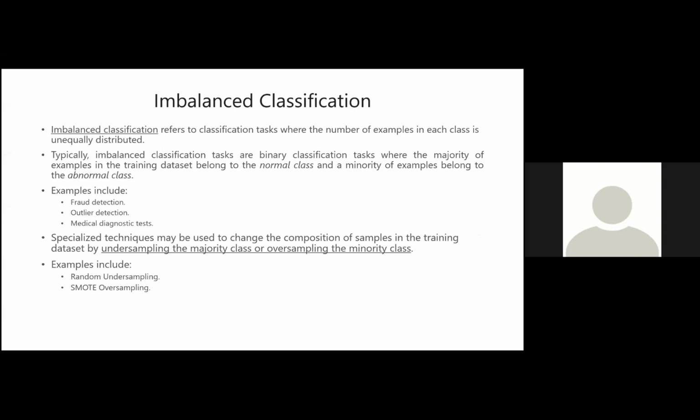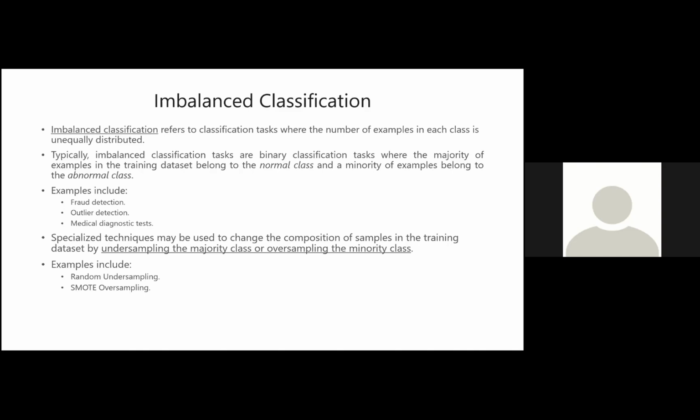The fourth one is imbalanced classification, which refers to a classification task where the number of examples in each class is unequally distributed. It is the most used classification technique in the industry, in practical terms, wherein the majority of the examples in the training set belong to the normal class, and only a few points belong to an abnormal class.